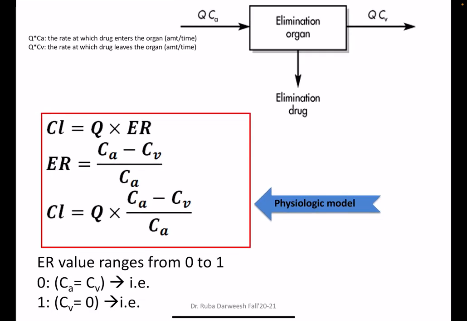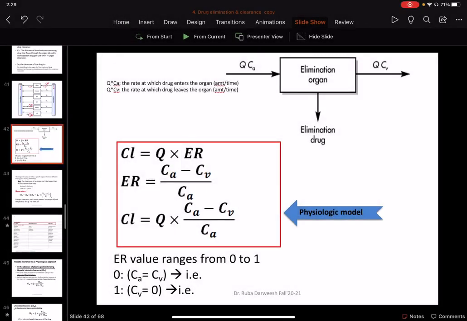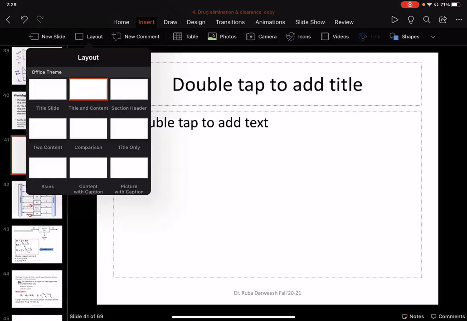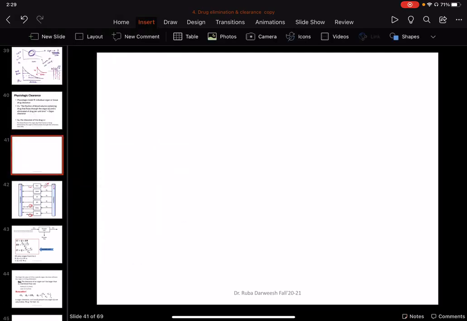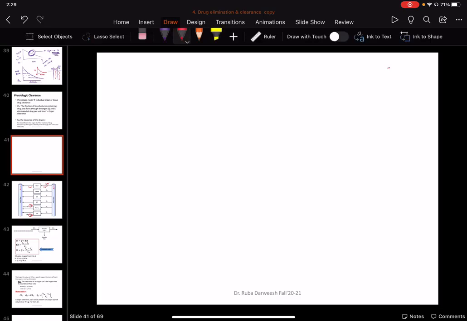If we go and try to find the definition of the clearance in the physiological model, first of all, if we are talking about the clearance from a certain organ, it means that I need to have a certain organ.